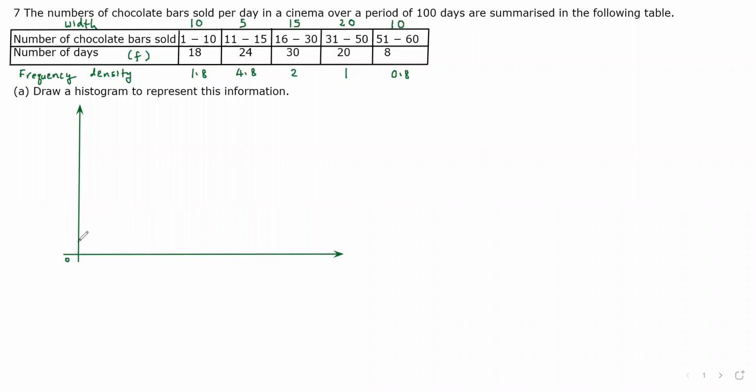For the vertical axis, we have a maximum frequency density of 4.8, so we use 5 as a maximum, with a scale of 1, 2, 3, 4, and 5. The horizontal axis gives the class boundary, which denotes the number of chocolate bars sold.